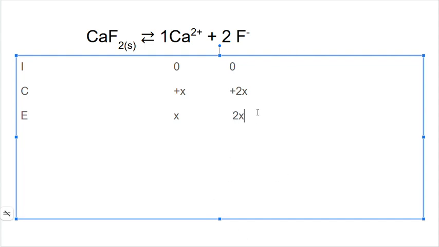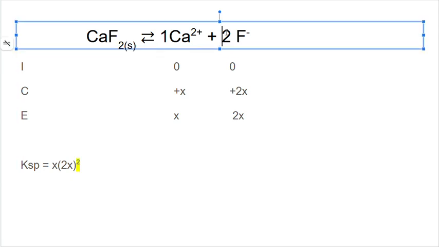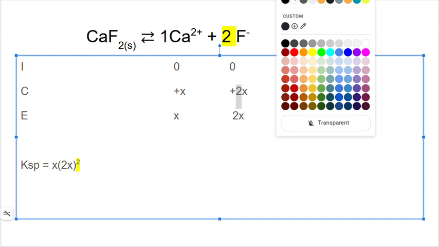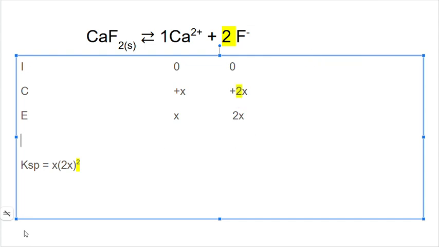Now we can calculate the Ksp. Ksp is equal to x times 2x, but the other thing we need to remember is to square it. This is where I made a mistake this weekend when I was working on this, because I forgot to square that value. I'm going to highlight it to remind us to square it, so that we're doing all of the things we need to do with that coefficient.